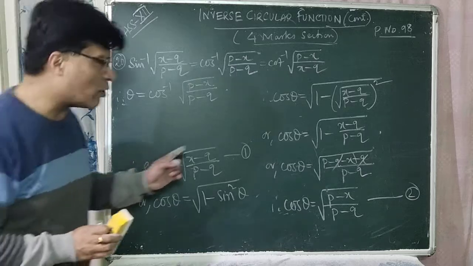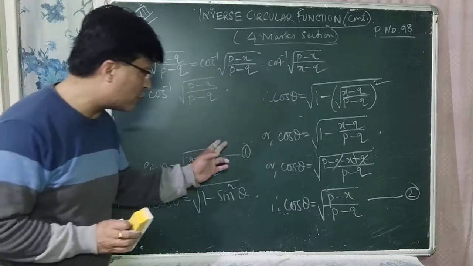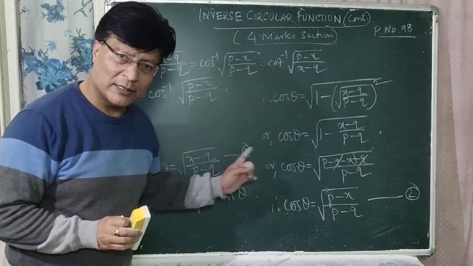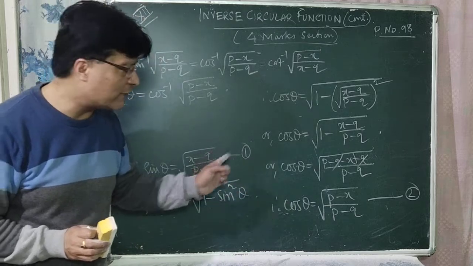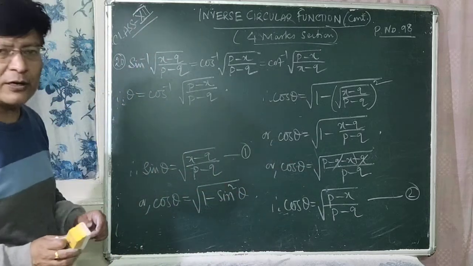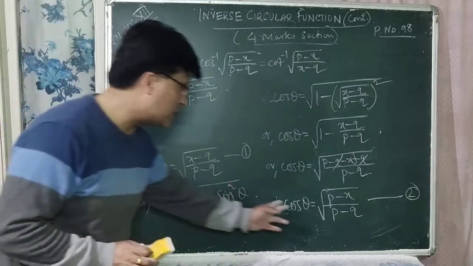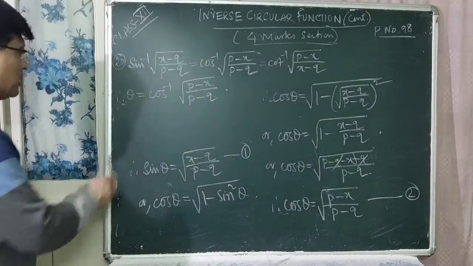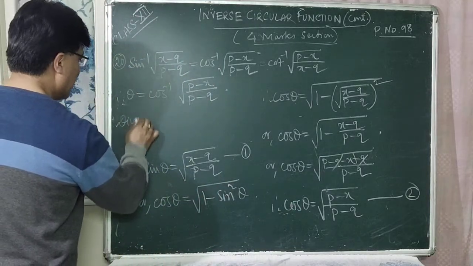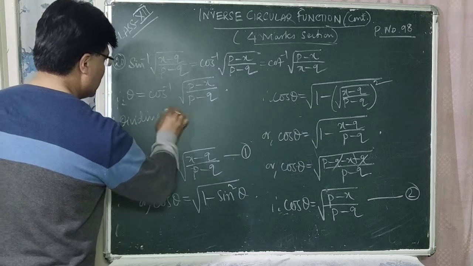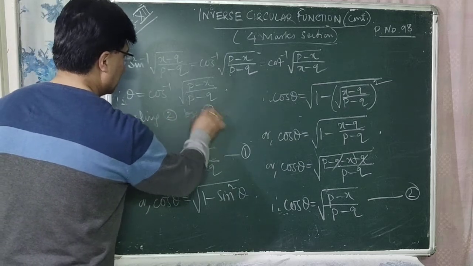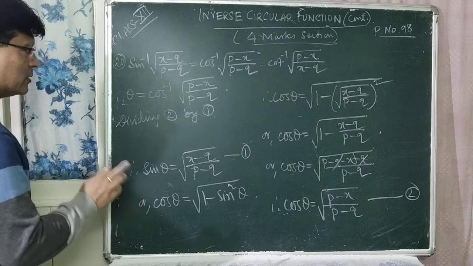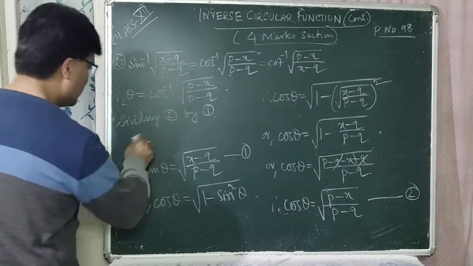So how can you get the value for cot theta from 1 and 2? You have to divide 1 by 2 or 2 by 1. You should divide 2 by 1 to get the value for cot theta, because cot theta is cos theta by sin theta. Now let us write dividing 2 by 1, right? So let us divide 2 by 1. So what do we get?